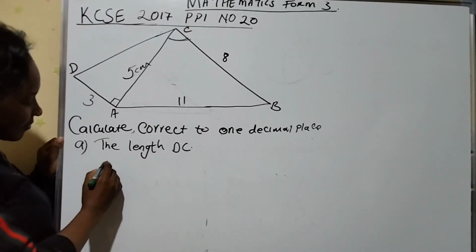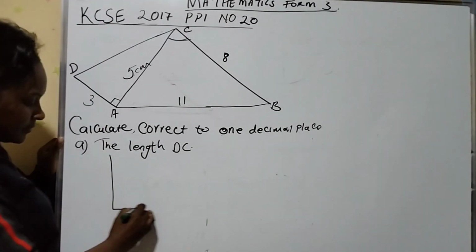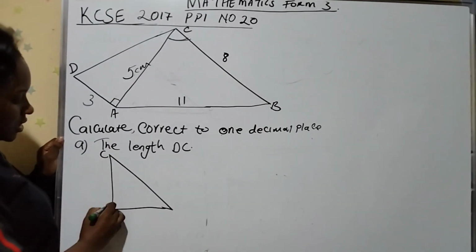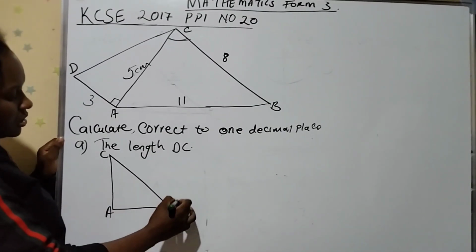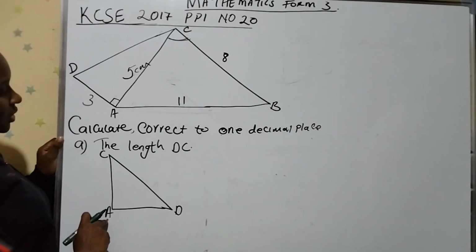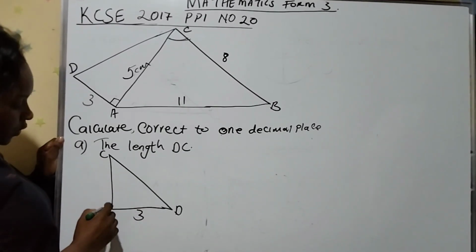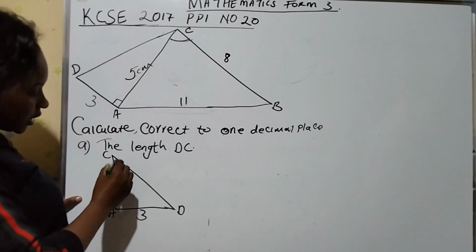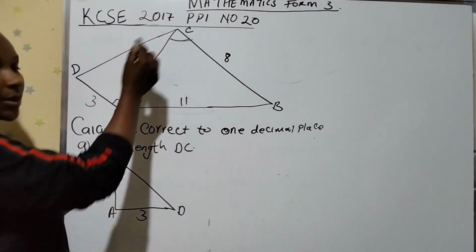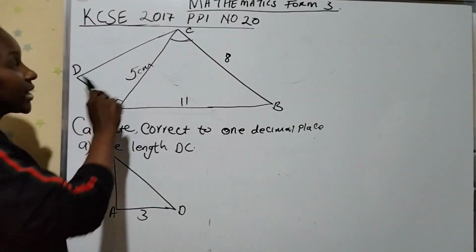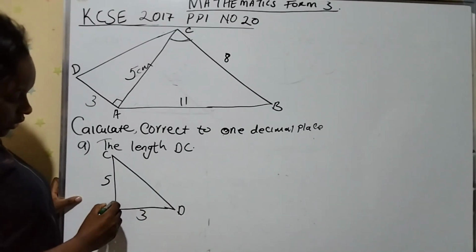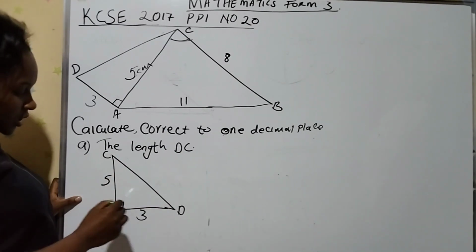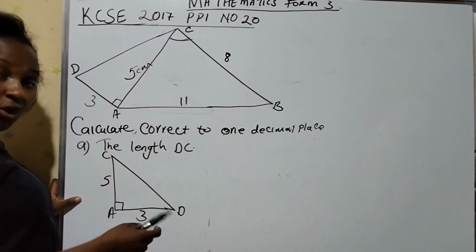So we can have our DAC here, our CAD, that AD is 3, that AC is 5 centimeters. We are supposed to find the length DC, and we are told that this angle here, angle DAC, is 90 degrees, a right-angled triangle.